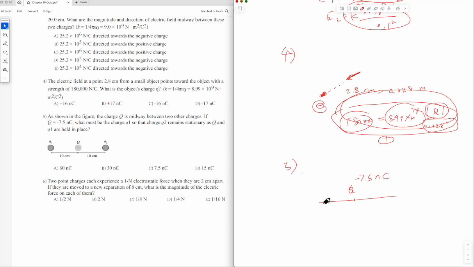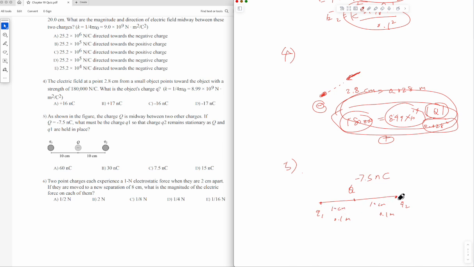What must be the charge Q1 so that Q2, here, the middle one, remains stationary? The distance is 10 centimeters, equal to 0.1 meter, and the same thing here, 0.1 meter. What's the meaning of stationary?